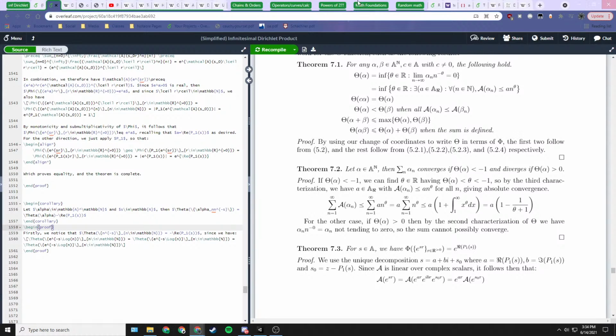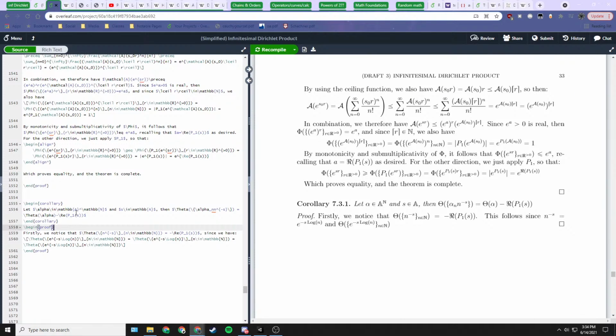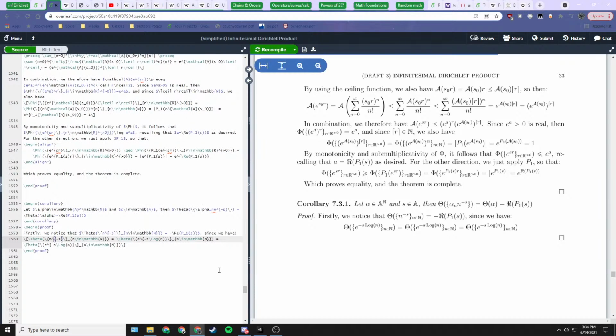Okay, so where were we? So we've just gotten through this. So what we want to do is, right, we'll try to prove, so first we want this. So we have to do the theta to phi conversion. So right over here, there should be n to the power negative s, theta of n to the power negative s.